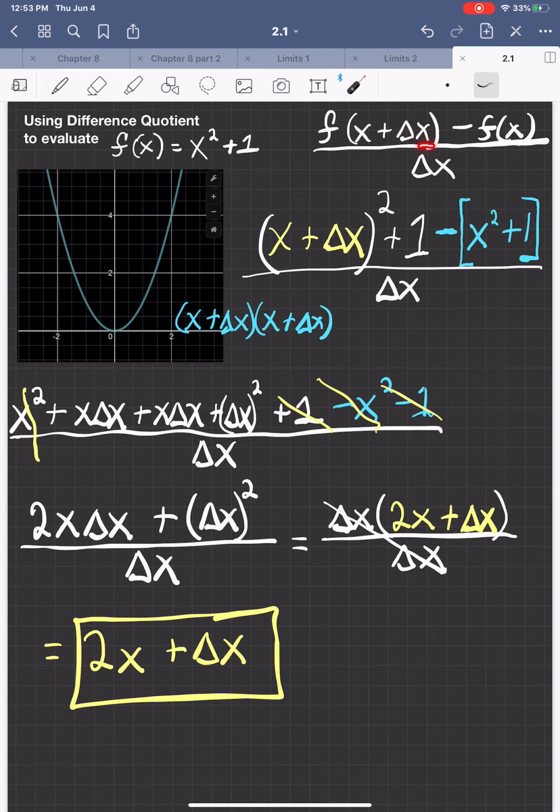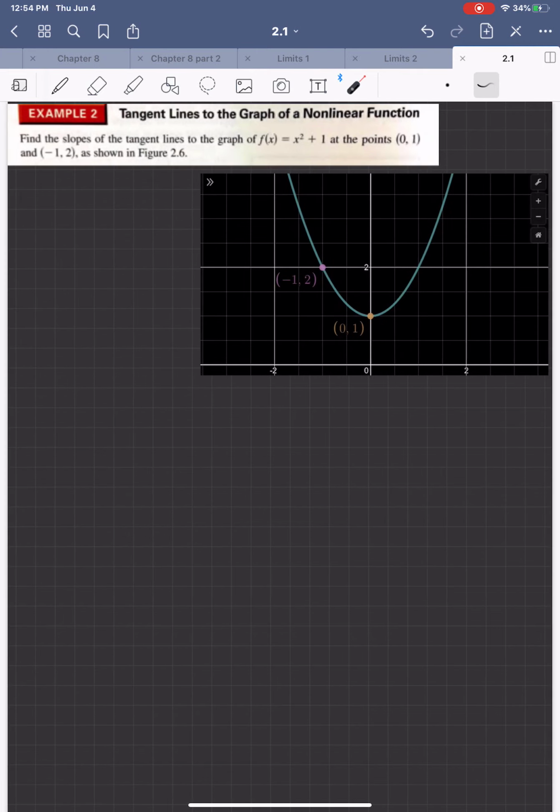I would invite you to keep the delta x, but if you'd like to use the h, that's perfectly fine if that's the way you were trained. Okay, so without further ado, I want you to remember this, because I'm going to grab this 2x plus delta x in just a second. But let's go ahead and go to the first real example.